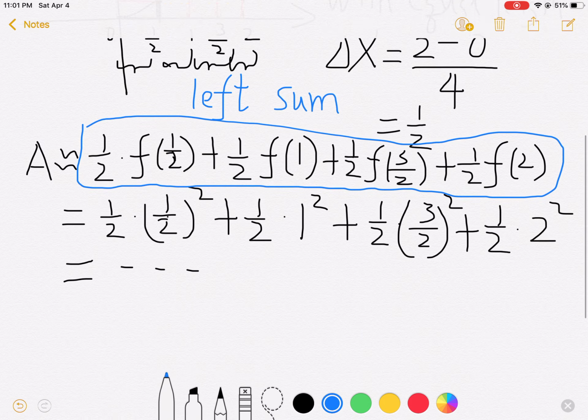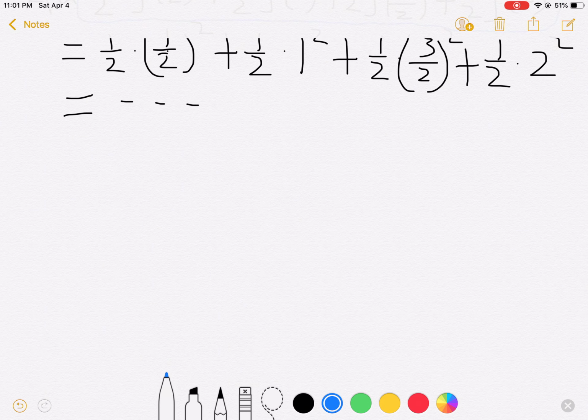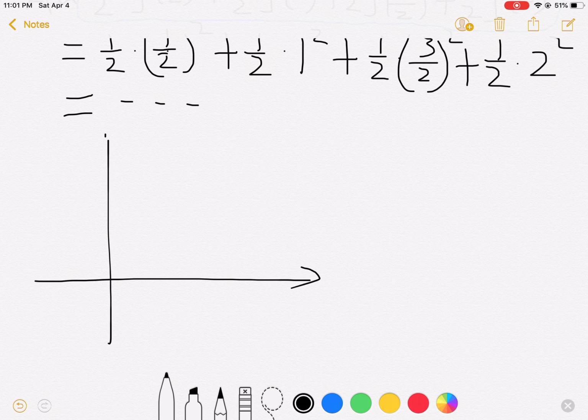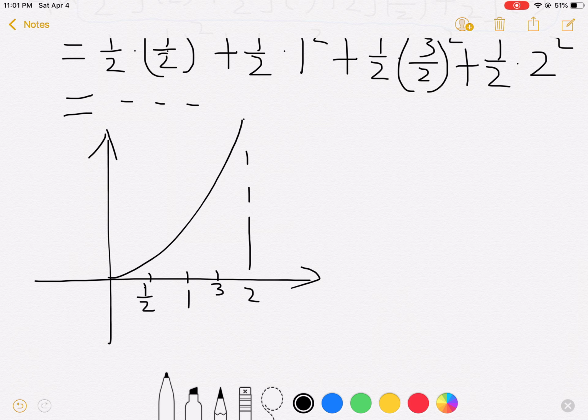Okay, so we can use another approximation. So if you have y equals x squared, from 0 to 2, we still divide into 4 subintervals with equal length. We use the left endpoint as our height.